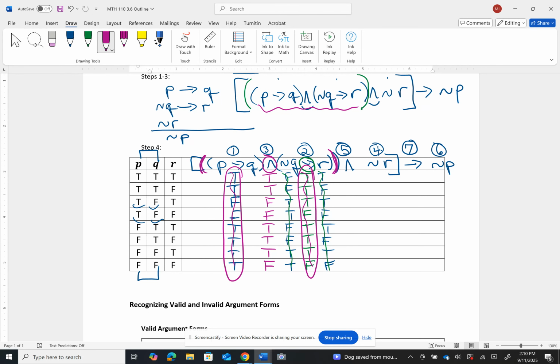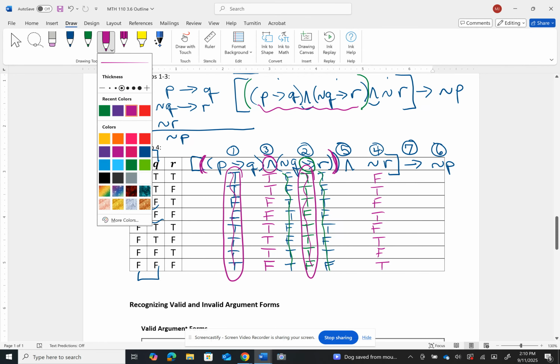And what I'm going to do now is work on the AND where you see the number 5. But what I need is not R, so I'm going to negate R, which would be FT, FT, all the way down. Let me get another color here. Why don't I use a light, bright blue?